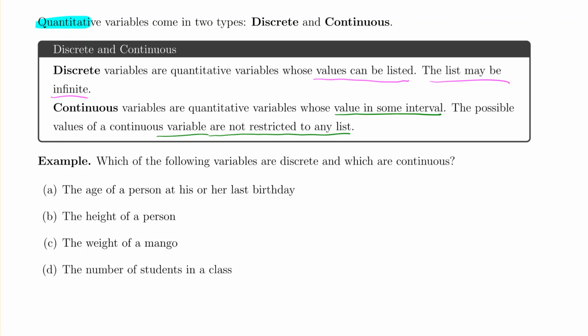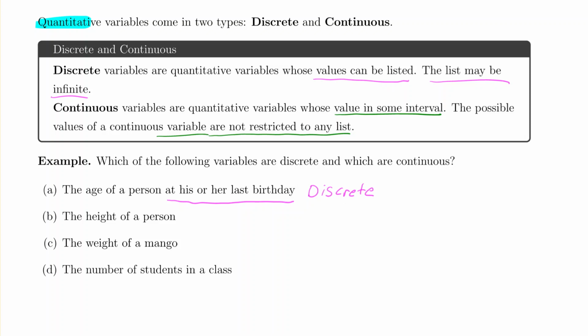The age of a person at his or her last birthday. That means we're talking about age in terms of whole numbers only. 1 year old, 2, 3, 4, 5, and so forth. Therefore, this is discrete. We can count them. Right? We can list all the ages in whole numbers.